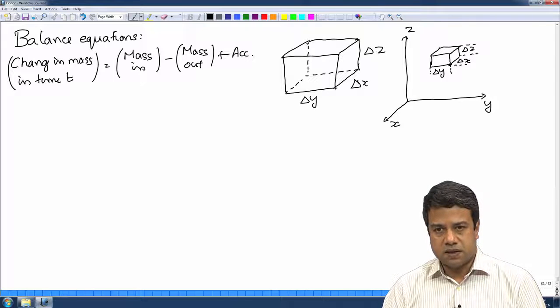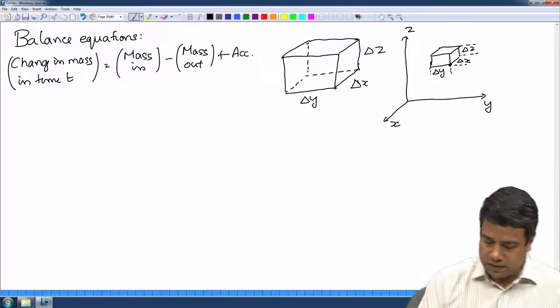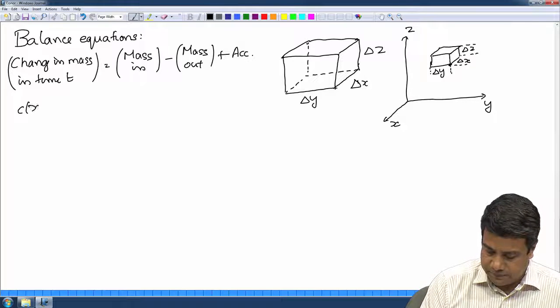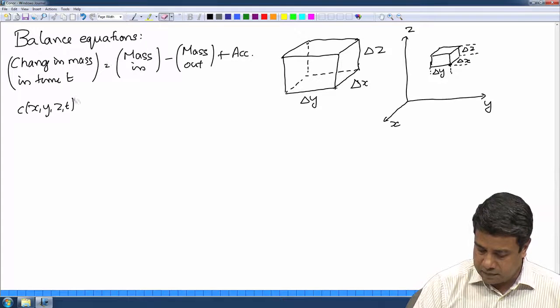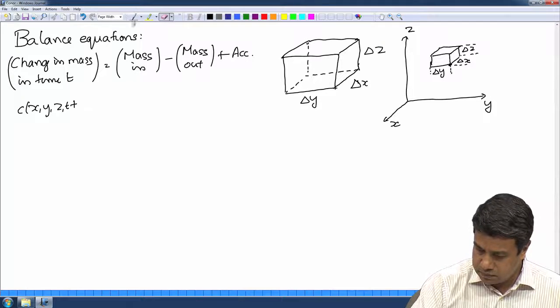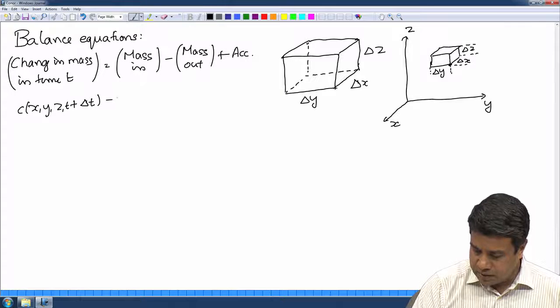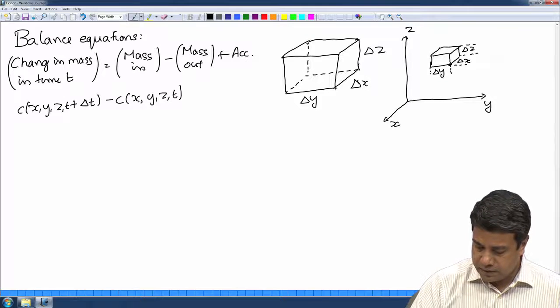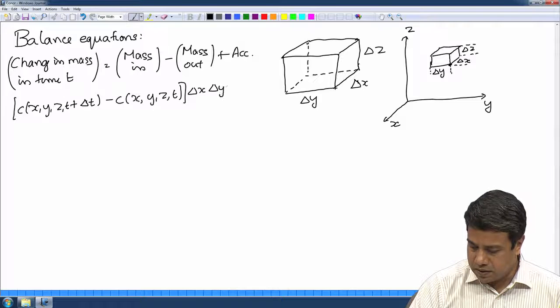What is the change in mass in time t? The change in mass in time t is equal to the difference in concentration at time t plus delta t minus the concentration, times the volume, delta x, delta y, delta z.